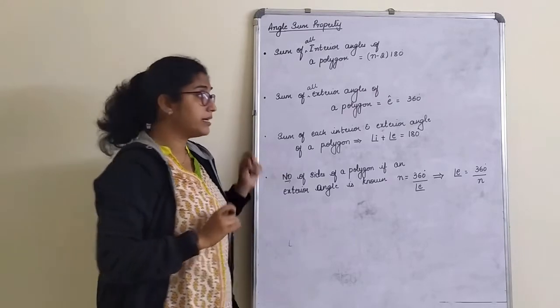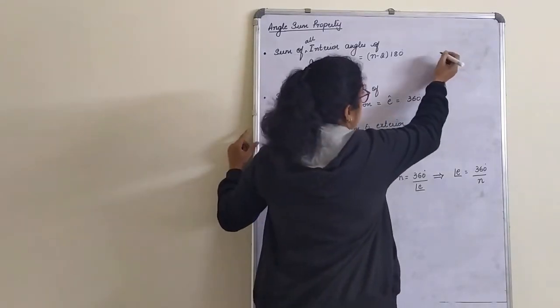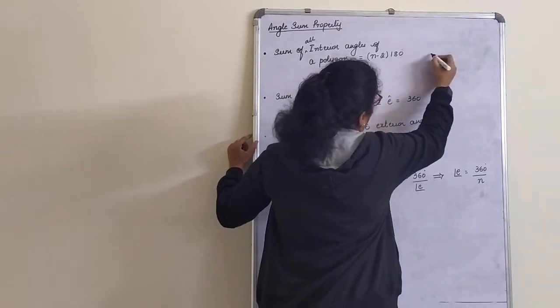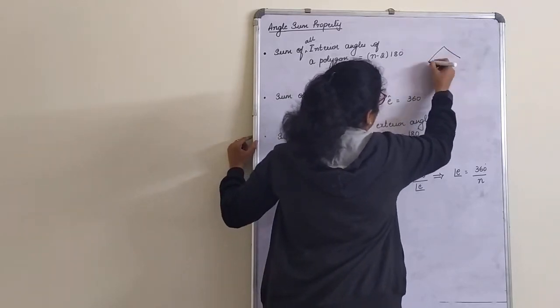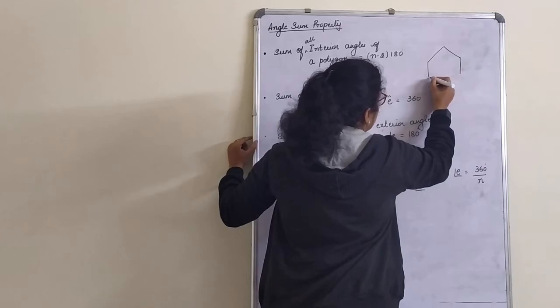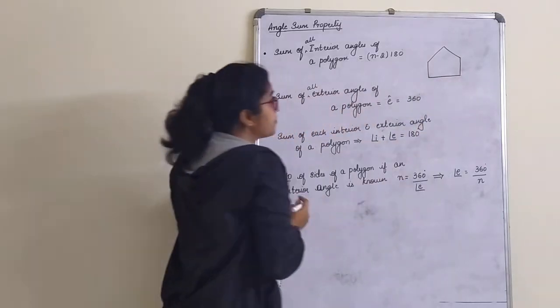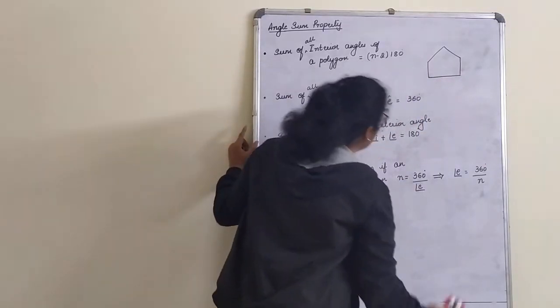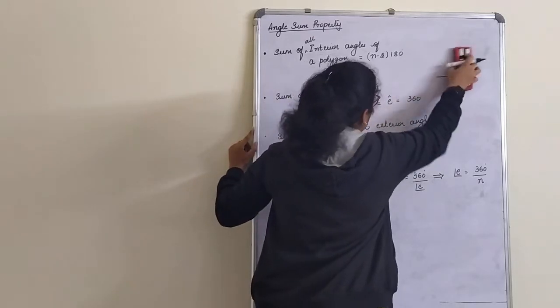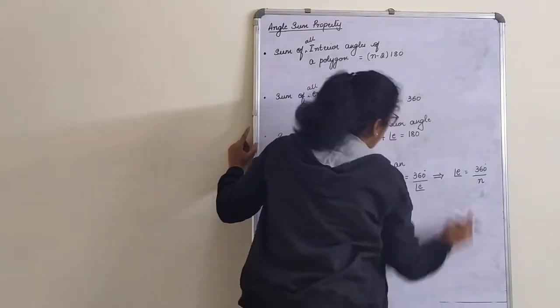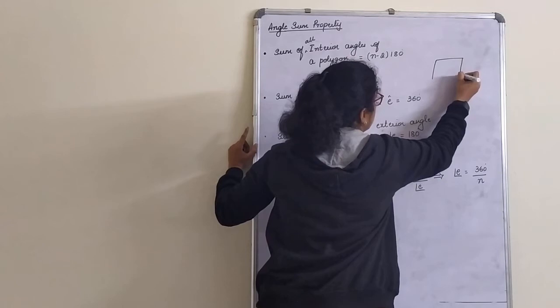Now what do you mean by this? First of all, let me draw a pentagon. A regular pentagon I am talking about. Instead of a pentagon, what we will do is draw a quadrilateral, much simpler.